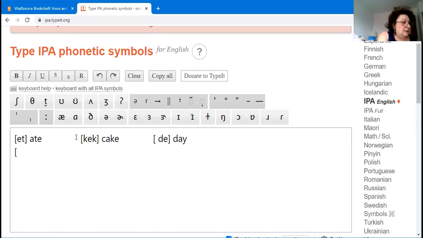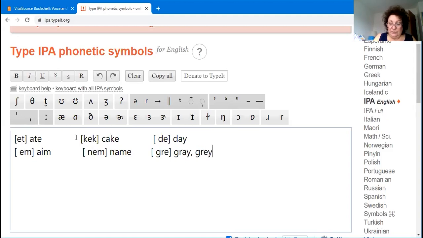Okay, the list is a little bit different than the order of the book. I have eɪ, gives you aim. And then I have n, aim, gives you name. And then I have g, r, eɪ, gives you gray, and both pronunciation spellings.